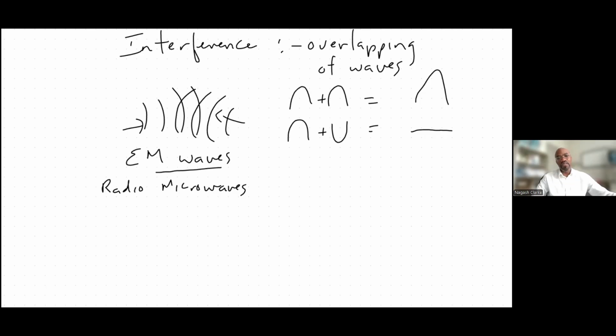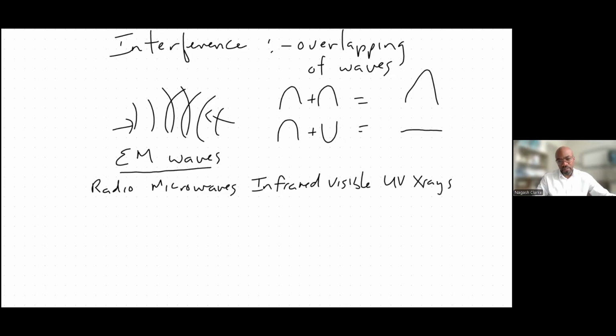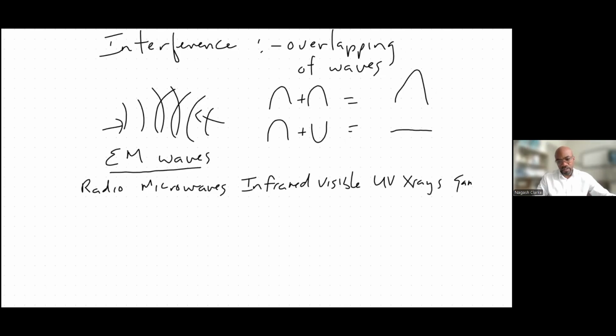We're going to go back to these, or if we talk about them traveling at the speed of light, we're going to go into a little more detail. Radio, microwaves, infrared, and a lot of these we know from daily life. Visible, UV, X-rays, and gamma rays.